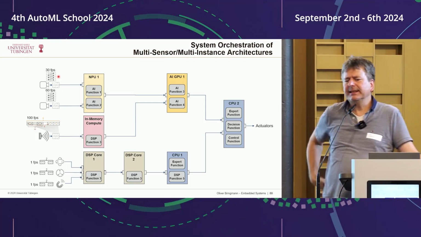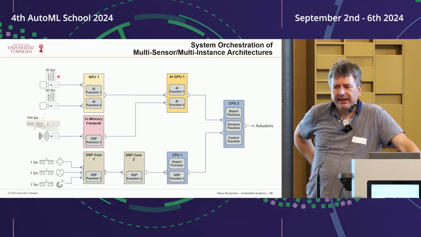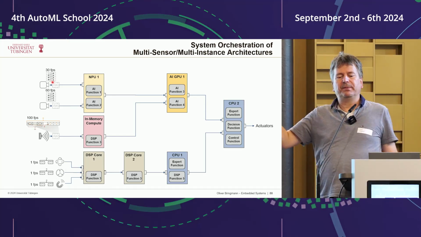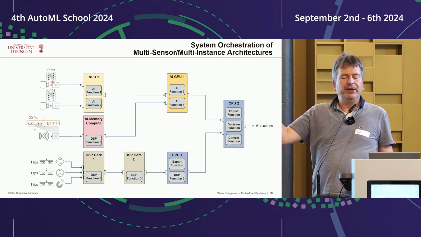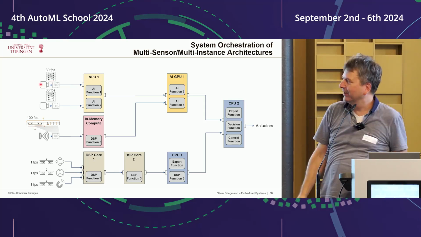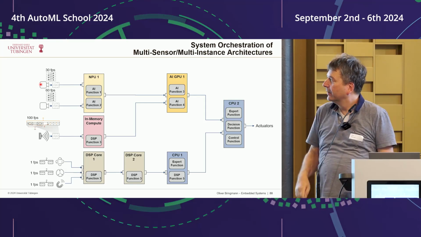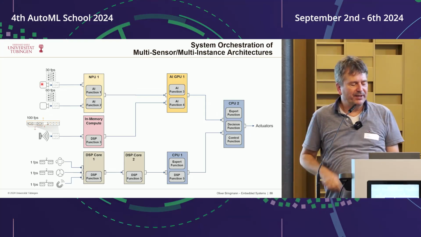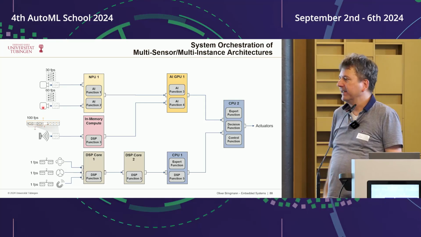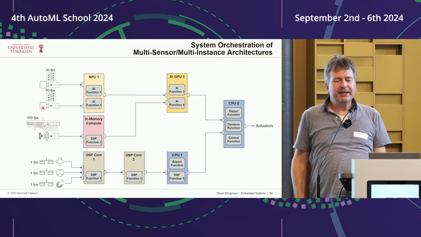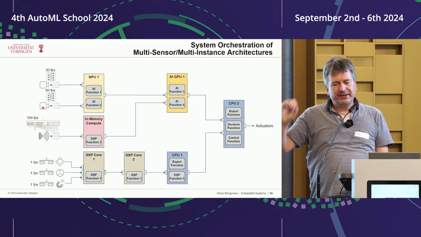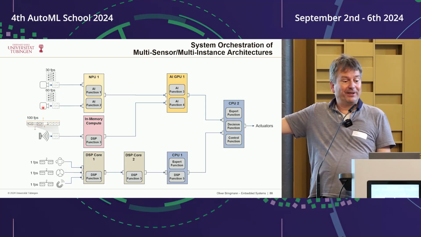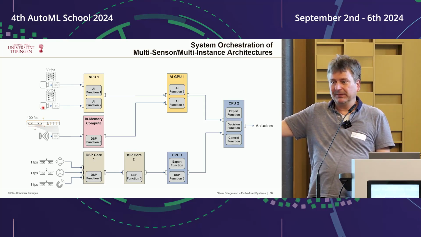But the starting point is the sensors, and that is fixed. If you have a camera, then probably the camera parameters tell you the period. Here, this one is a small, slow one with just 30 frames per second, and this one is a fast one with 60 frames per second. That means I need to execute my model afterwards with a frame rate of 60 frames per second, otherwise it would not be possible.